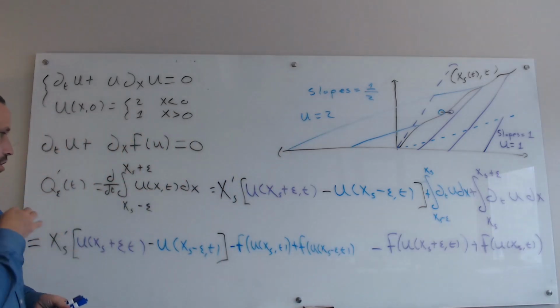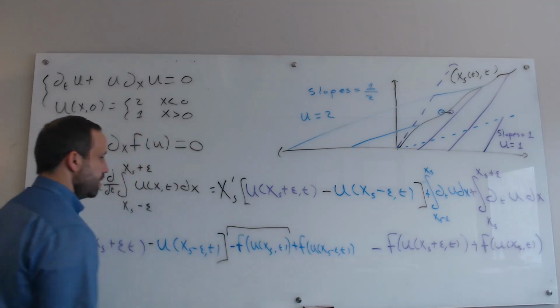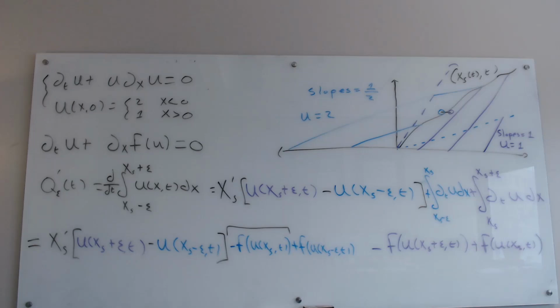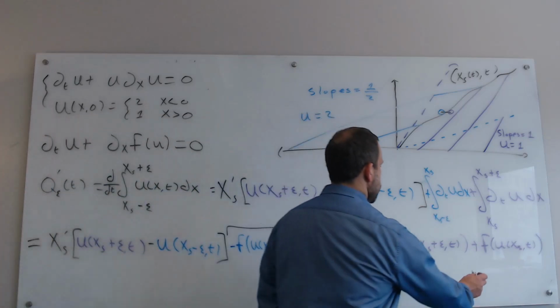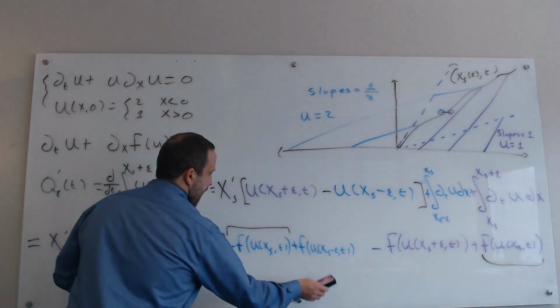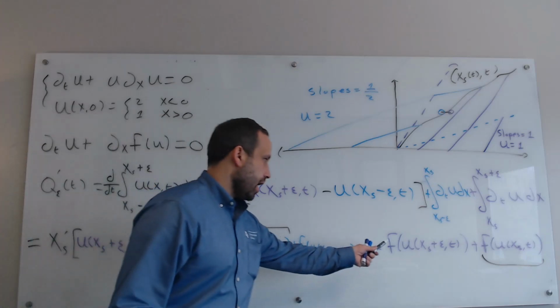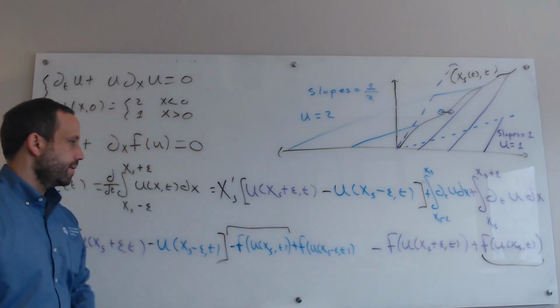Okay, but now look what happens. We have a minus f of xs, so that's going to pair off with this. So those are going to go away, and we're just going to have this plus f of xs minus epsilon, and then the plus epsilon.